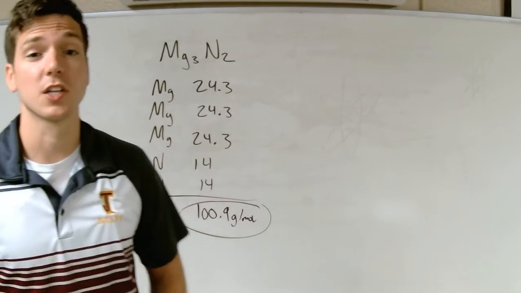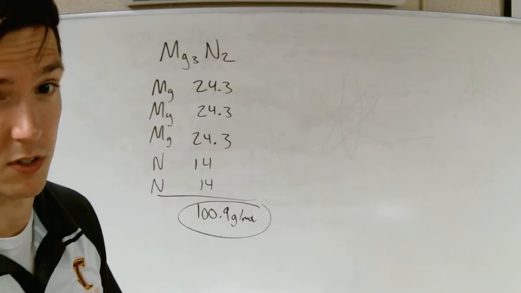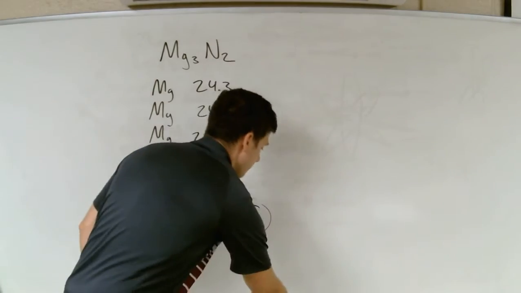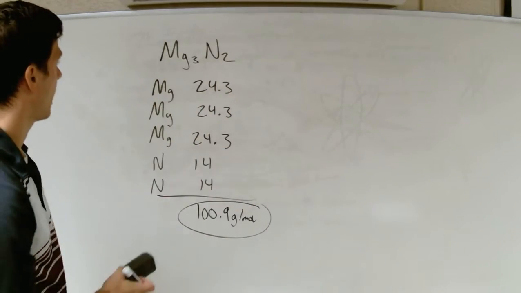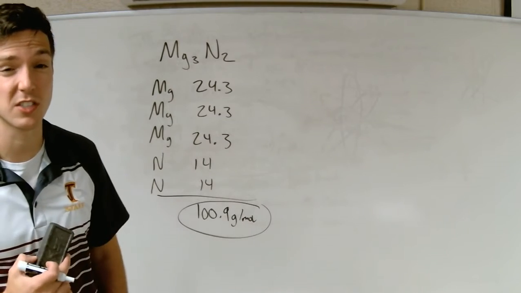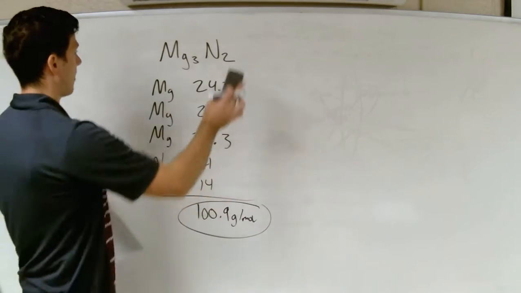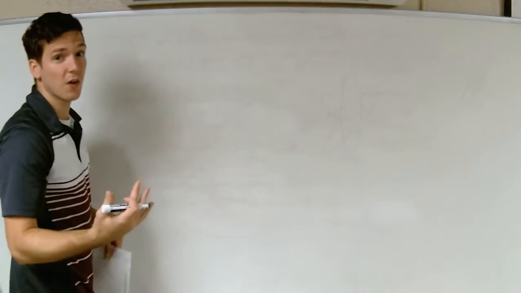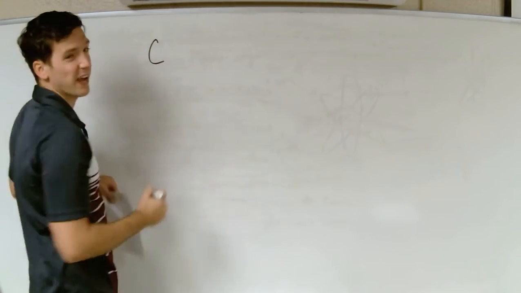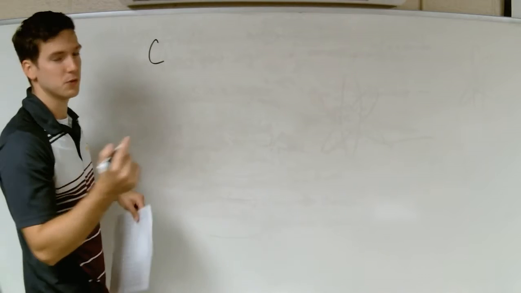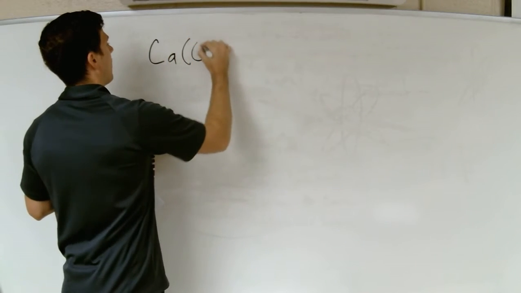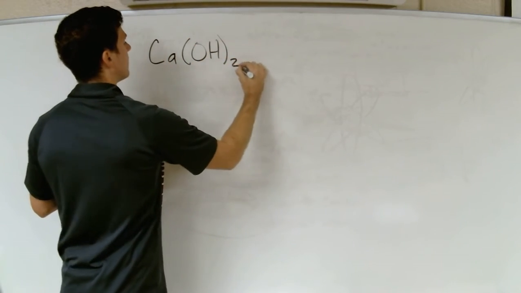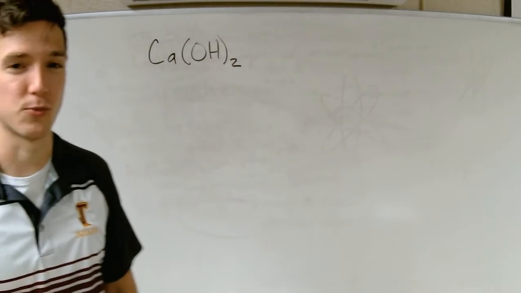Let's get just a little bit more confusing. When we start getting more into compounds, you'll start seeing parentheses. All that means is that we have these polyatomic ions, which we'll get to later. So this is called calcium hydroxide.